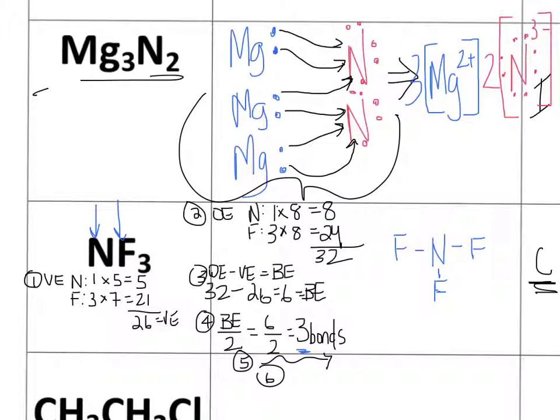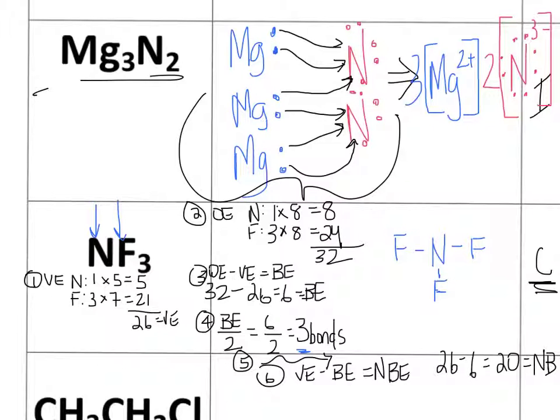And the way that you do that is you take your valence electrons minus your bonding electrons, and that equals your non-bonding electrons. So in this case, we have 26 minus 6, and that equals 20. So we have 20 non-bonding, and I ran out of space.